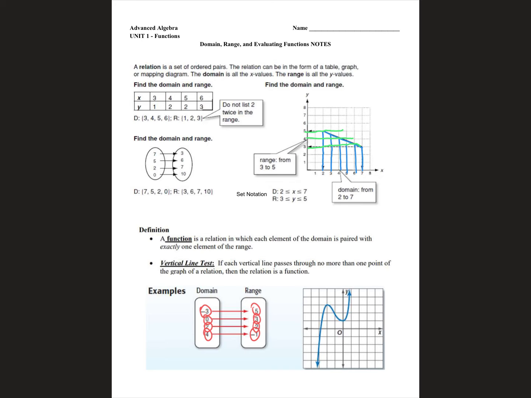If I take my graph and draw a vertical line through it, no matter where I draw that vertical line, as long as it intersects the graph only one time, then it is considered a function. If I draw a vertical line through some given graph and it intersects more than once, it's not a function.